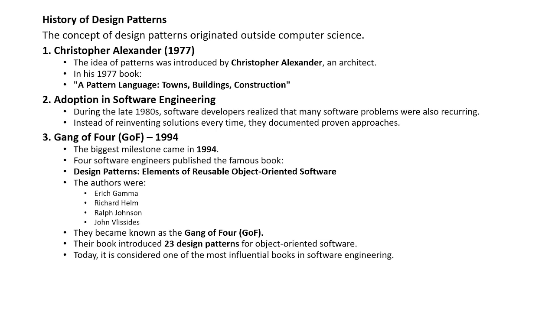Suppose you want to design towns: in the town we have buildings, and in the building, what is the height, what is the window height. He wrote all of these things in a book in 1977 about towns, buildings and construction.